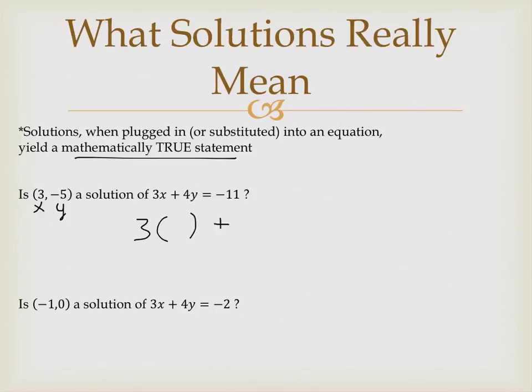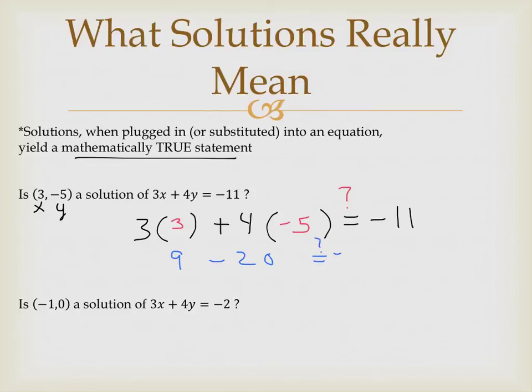Okay, I'm just rewriting everything. I'm using parentheses. We talked about this in our evaluating video. And then in place of x, I'll plug in a 3. In place of y, I'll plug in a -5. And I'm going to see, is this equal? This should kind of feel like checking, except now this is like multivariable checking. We have an x and a y. We have 2 variables. So 3 times 3 is 9. 4 times -5 is -20.